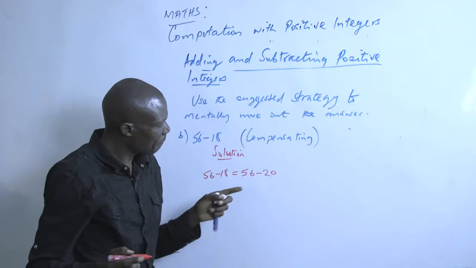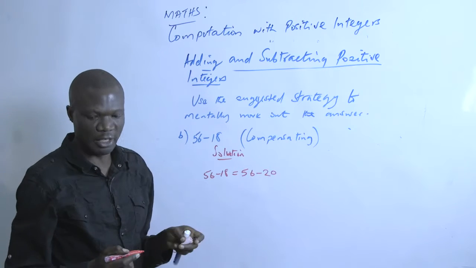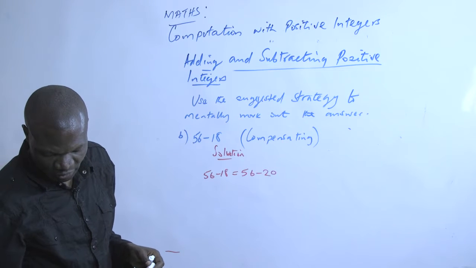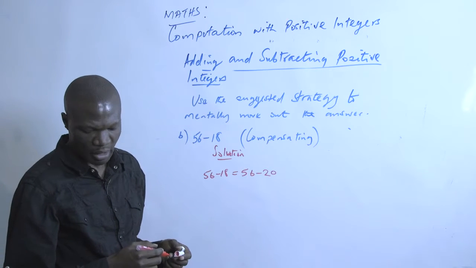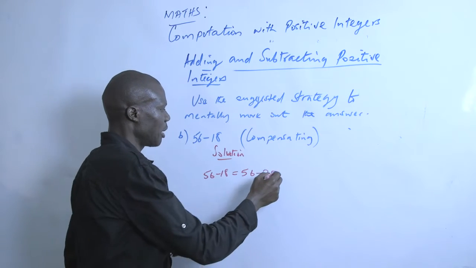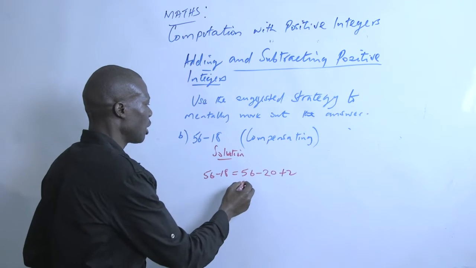Now take note that what we've done to get 20 is we have added 2. So we have added 2 to get 20, and therefore we should mind about that 2 by bringing it back. So we shall add 2 there. So this one now is easier.